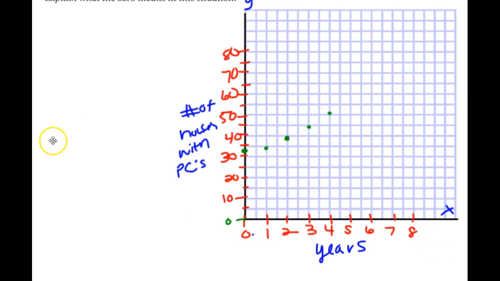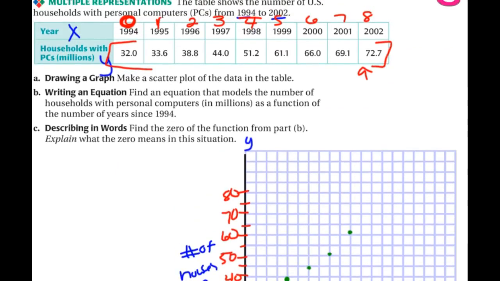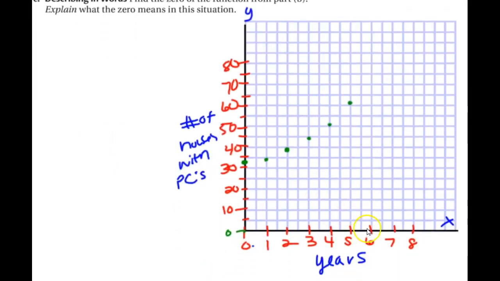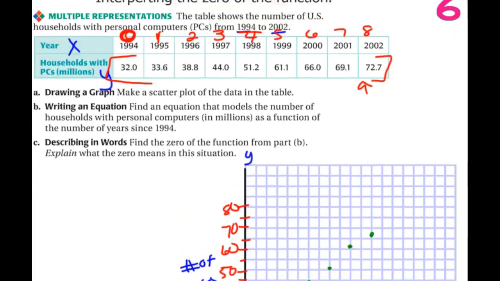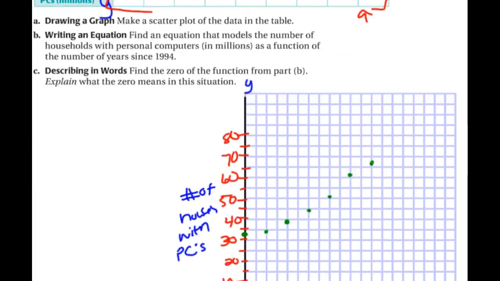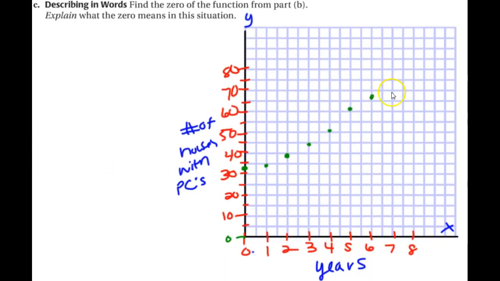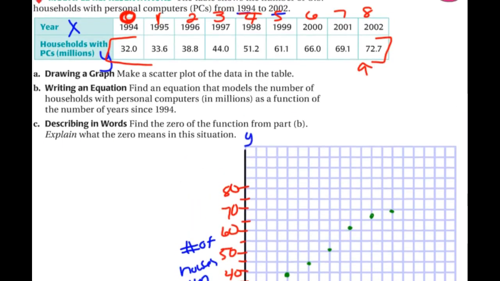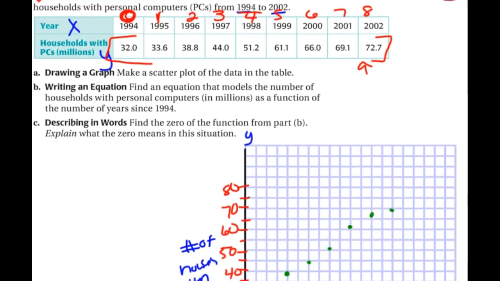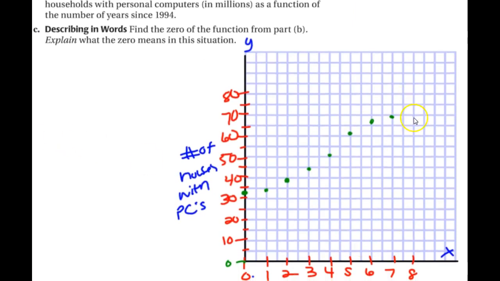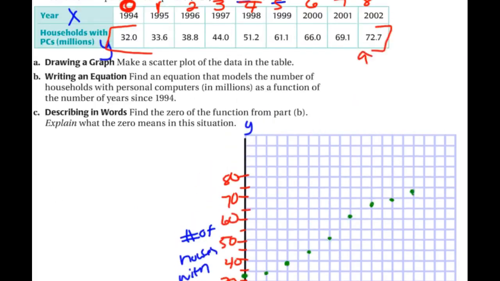Year 5, we're at 61. Year 6, we're at 66. 65, 66. Year 7, we're at 69. So here's 70. 69 is one less. And then in year 8, or the year 2002, we're at 72.7. So 72.7, right about there.